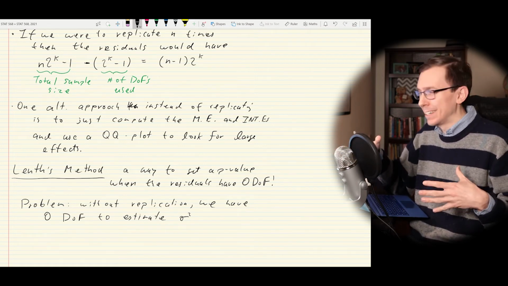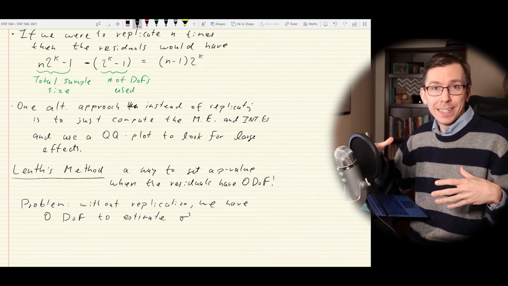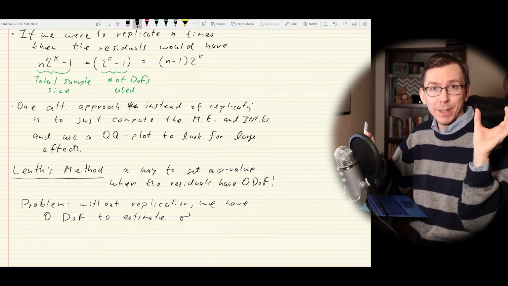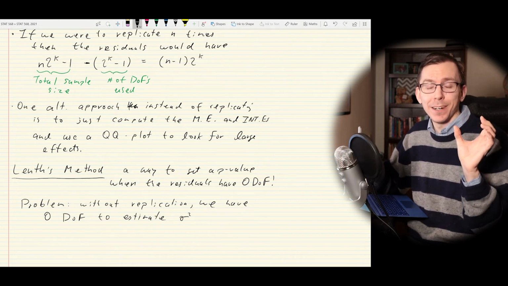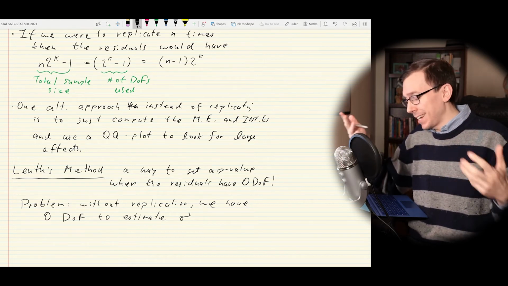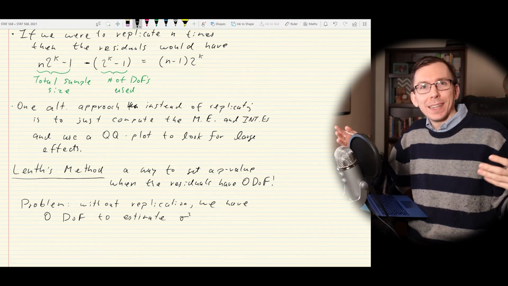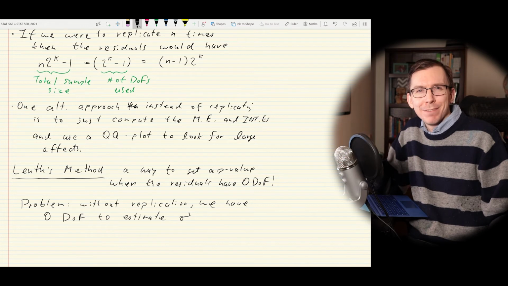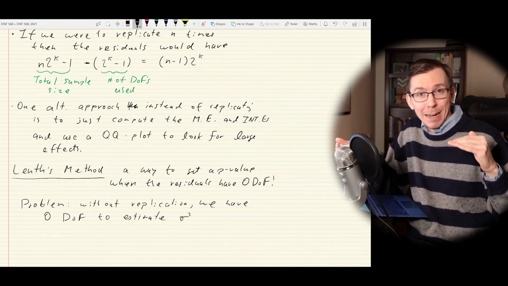We're trying to get a sense of the background noise so we know if the effect, the sum of squares, the treatment, or a specific factor sum of squares, is big or not. We can just stare at the number, but if we don't know what scale we're on, we don't know. If I give you a sum of squares of 25, now what does that mean? It means absolutely nothing unless we know what the denominator is.